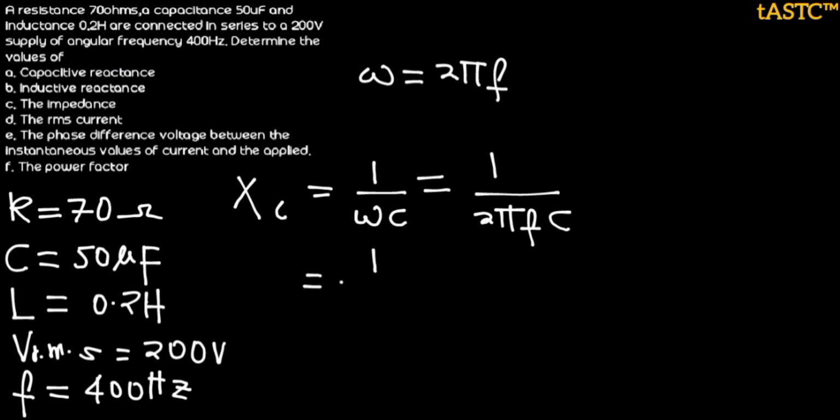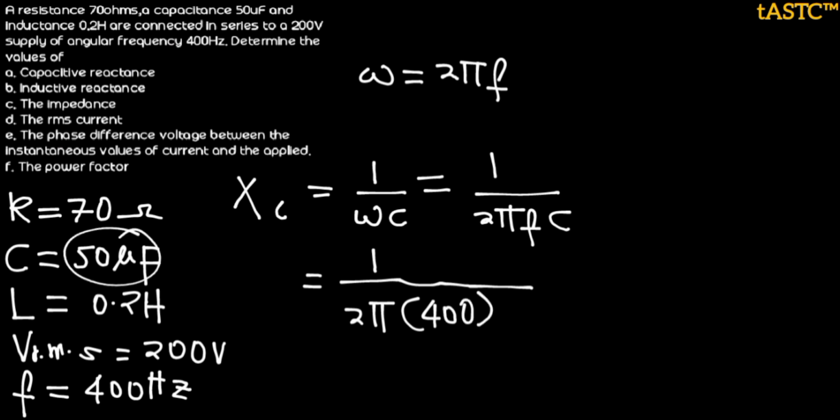So this is 1 over 2 pi, and the frequency here is given as 400. The capacitance is given as 50 microfarads, so that is 50 multiplied by 10 to the negative 6. If you got 50 microfarads, that could also be represented as 10 to the power of negative 6.